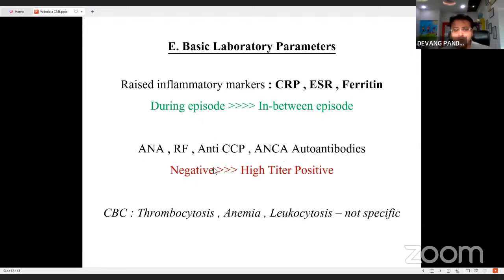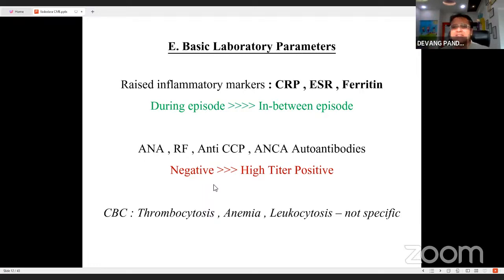But most commonly, these antibodies usually remain normal because this is the basis of immunopathogenesis, and this is a clear-cut demarcation: rheumatic diseases are autoantibody, autoimmunity positive. Autoinflammation is basically an innate immune system disorder, so autoantibodies are usually negative.